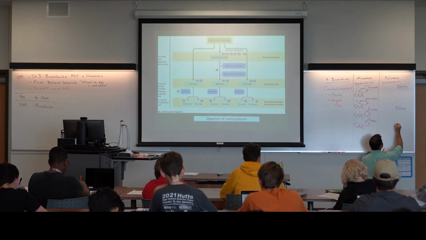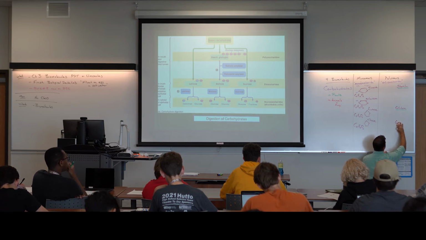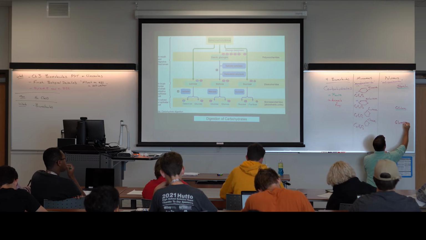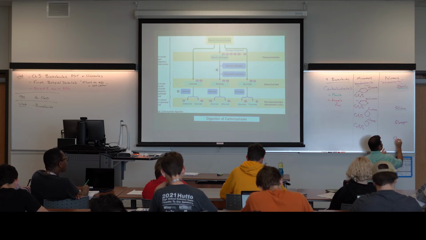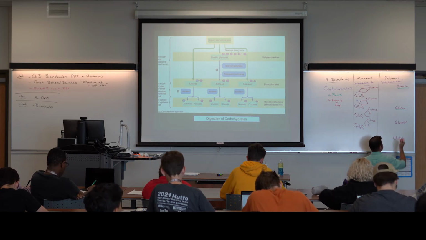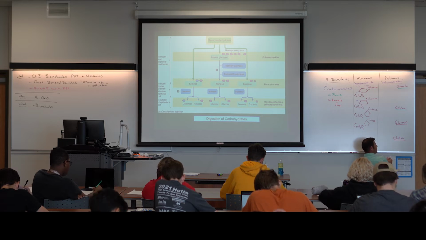One of them is glycogen, and then down here I'll just write chitin. Both glycogen and chitin are going to be found in either animals or fungi.